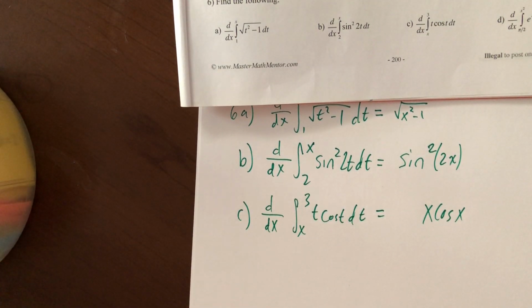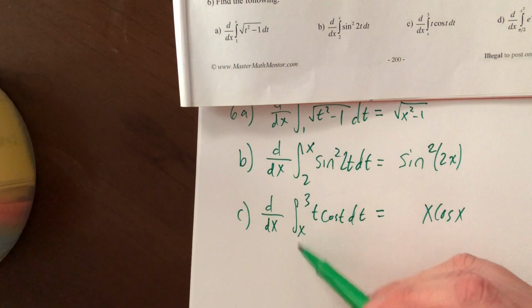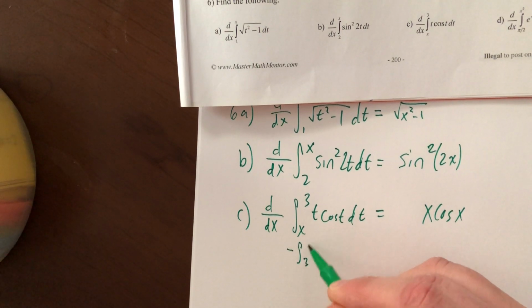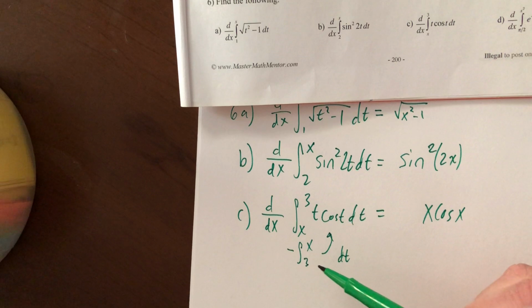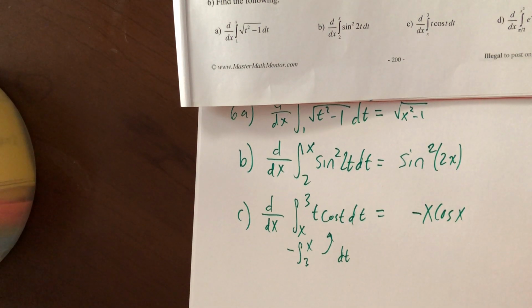But if you remember rules about integrals, one of our rules is that if we reverse the bounds, throw a negative out front. So this is the same as 3 to x. So if I throw the negative out front, now it's the same as 3 to x, so I just gotta throw a negative out front there and we're done.